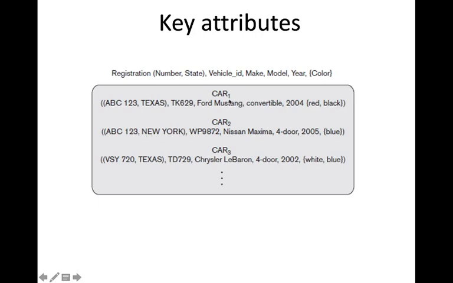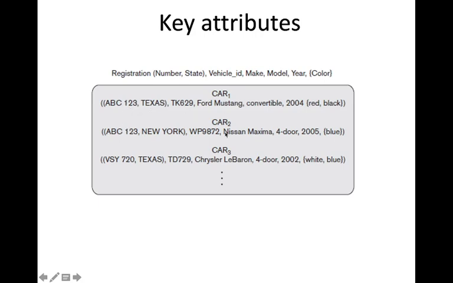Like that, if you take car 1, these two are unique. Car 2, these two are unique. So you have to see that this combination is unique. We have ABC123 here and also here, but the state is different, Texas here and New York here. So if it is a composite attribute, then that combination forms the key attribute. Individual attributes may have the same values.